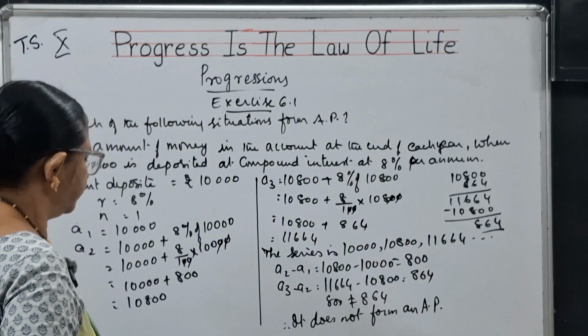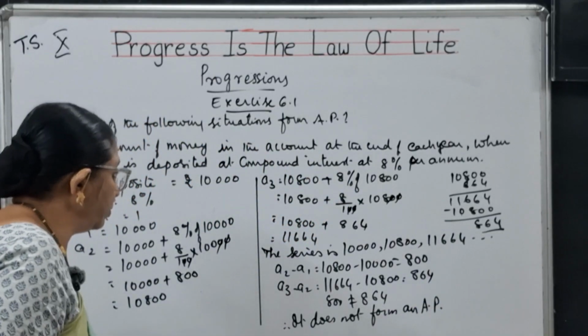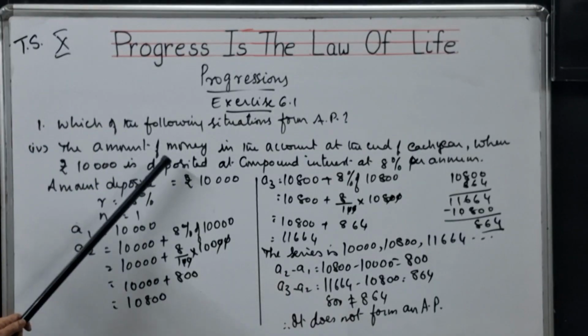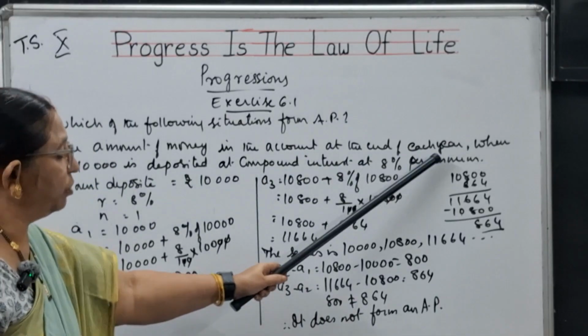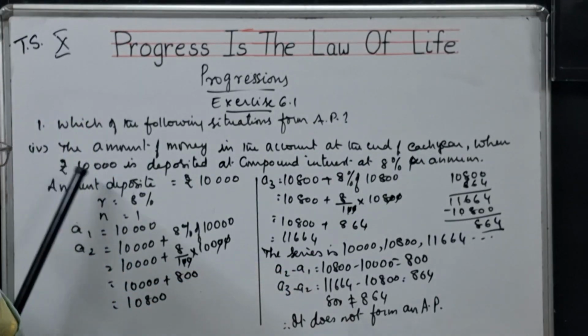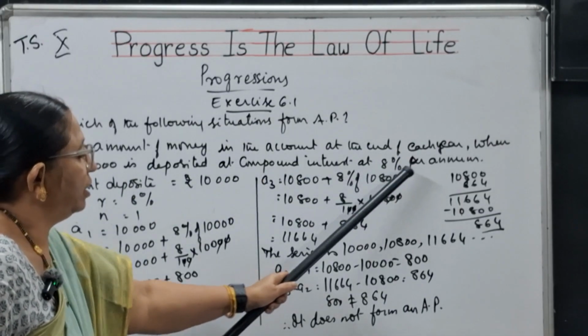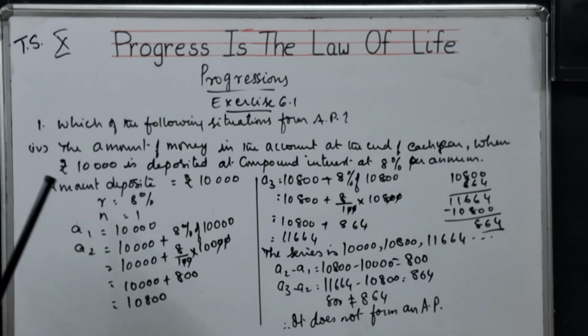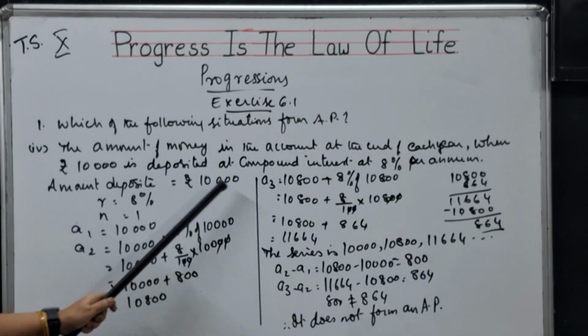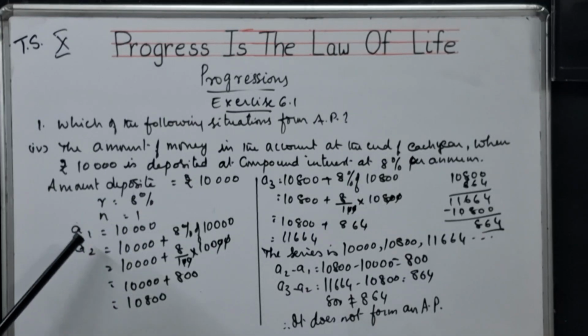So, what is the problem once again, children? The amount of money in the account at the end of each year when 10,000 is deposited at compound interest at 8% per annum. So the amount deposited is 10,000. So the first year amount is 10,000.